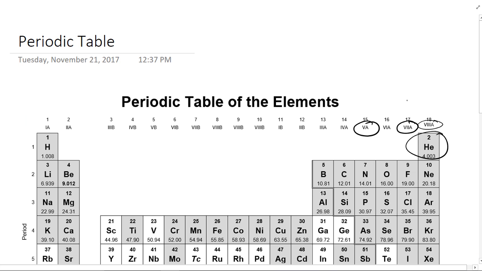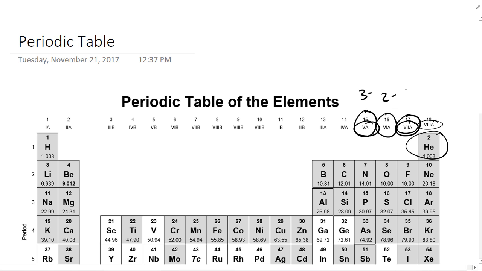Therefore, if we go back, you might remember that everything here in group 15, if it was an anion, would have a charge of 3 negative, because these elements were always gaining 3 electrons. The elements of group 6A would always have a charge of 2 negative because they would always be gaining 2 electrons.